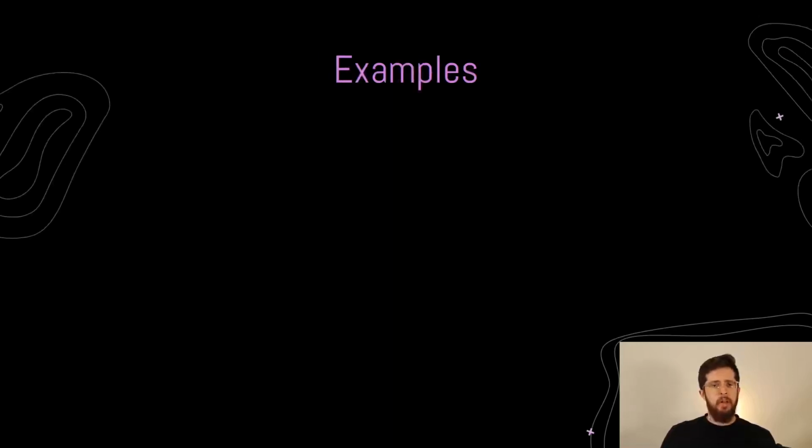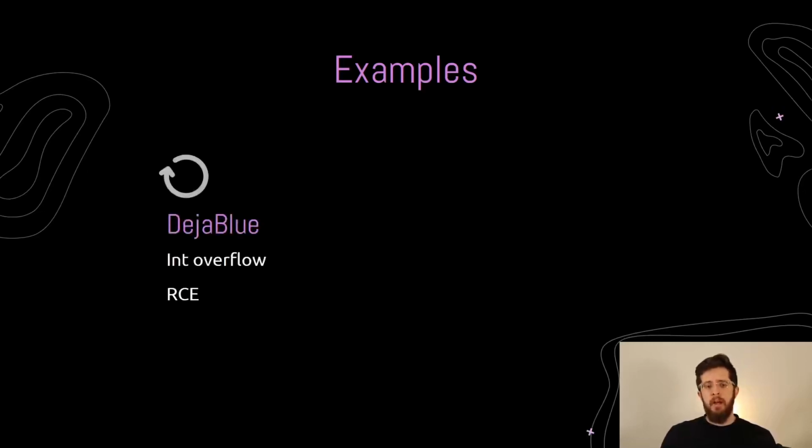Now, these are not merely theoretical attack vectors. There have been some real-life examples for both of them in the last few years. To name a couple, DejaBlue, which was an integer overflow bug in a decompression function in the RDP server that allowed attackers to run arbitrary code remotely.